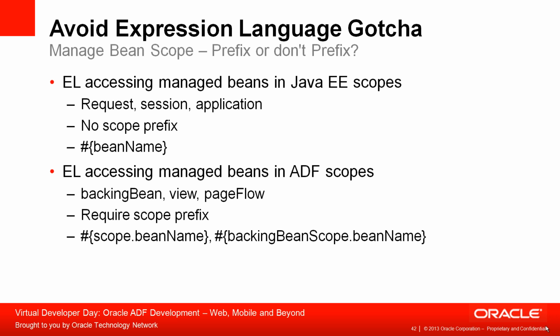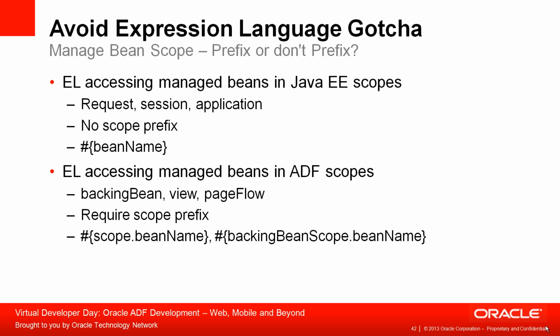You just use bname dot property. If you prefix a servlet scope with a scope, then it will look up in the memory and it will not create the managed bean. So whenever you see an issue with a managed bean, null pointer exceptions once in a while, probably you prefixed the bean. However, prefixing the bean is required if you use the ADF scopes.